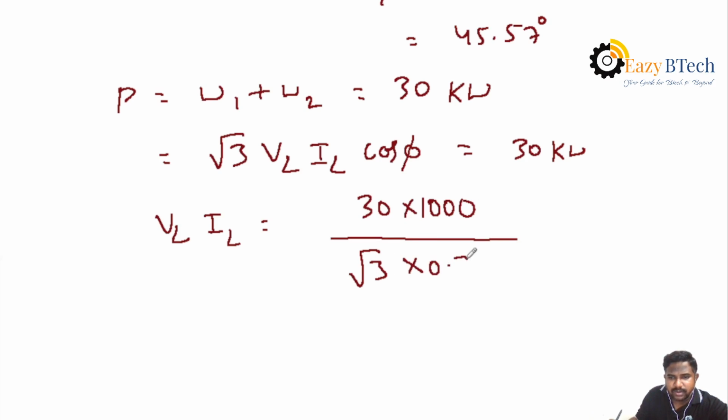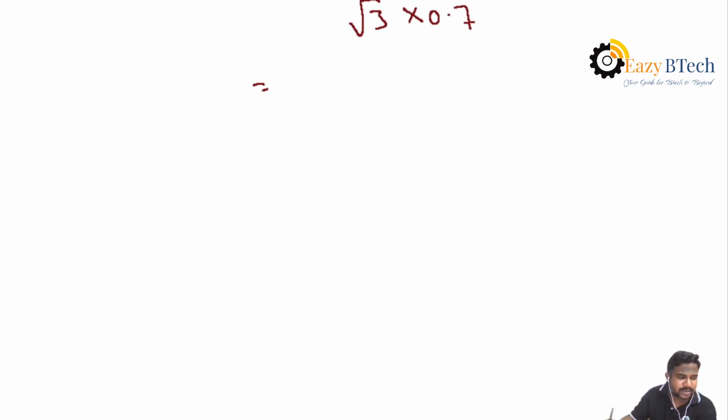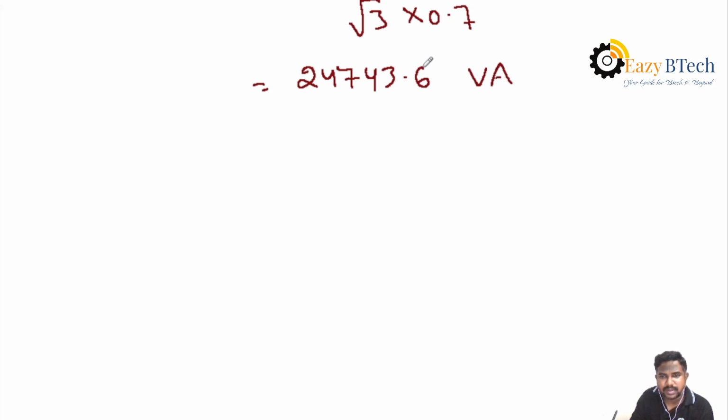We know the value of cos phi is 0.7, hence the value of VL into IL is 24,743.6 VA, volt ampere. The value is V into I, that's why the unit is volt ampere.